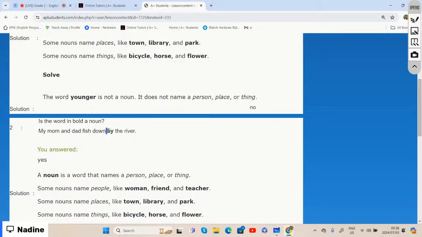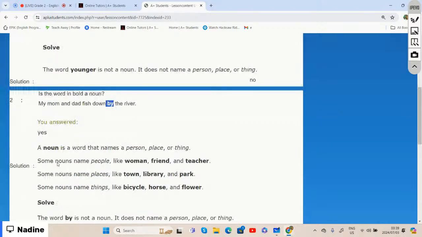By is a preposition. So my mom and dad fished down by the river. By is not a noun. It is a preposition. The words that are nouns are mom and dad.